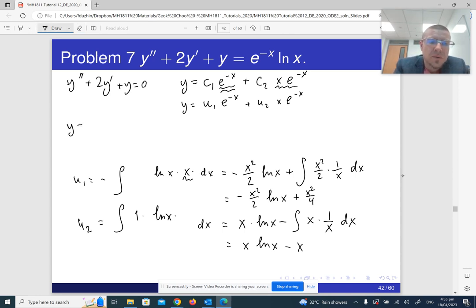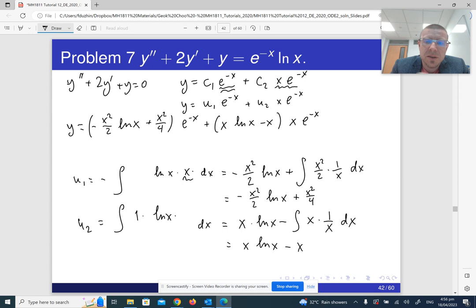So my y is going to be u1, which is minus x squared over 2 ln x plus x squared over 4 times e to the minus x plus x ln x minus x times x e to the minus x.